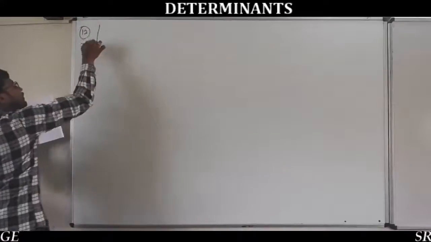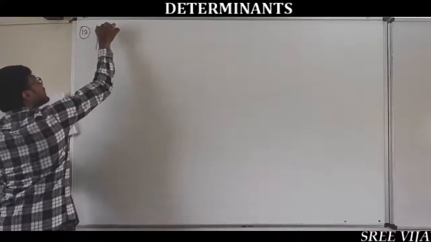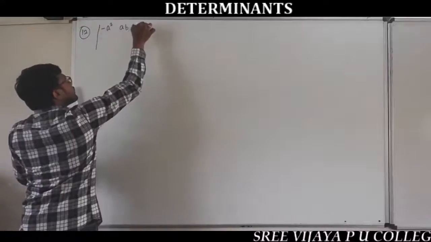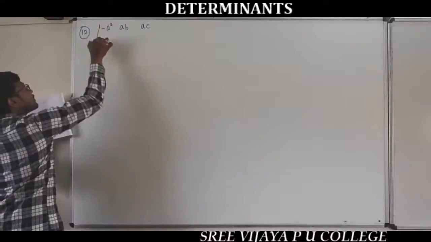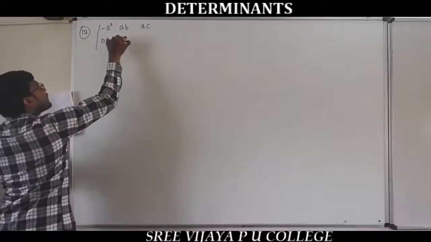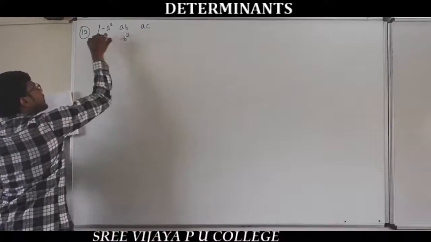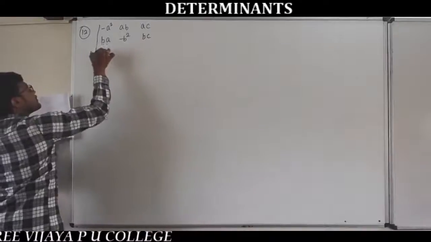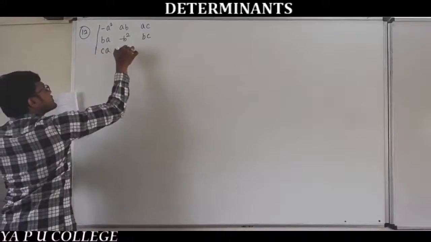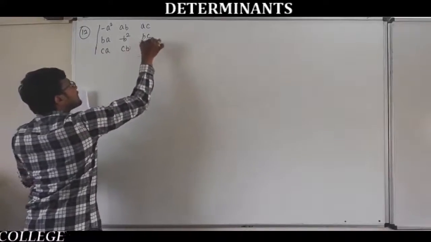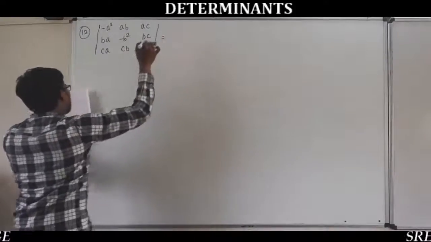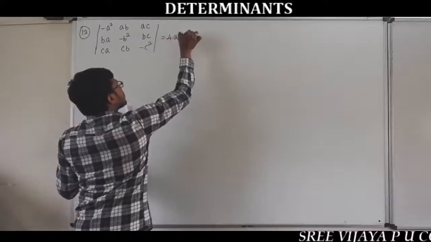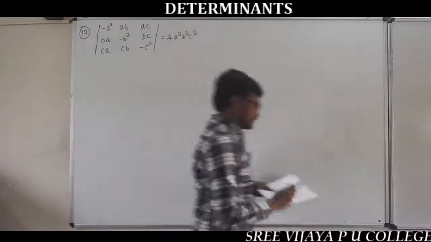So determinant of minus a square, ab, ac; ba, minus b square, bc; ca, cb, minus c square will be equal to 4 times a square b square c square.